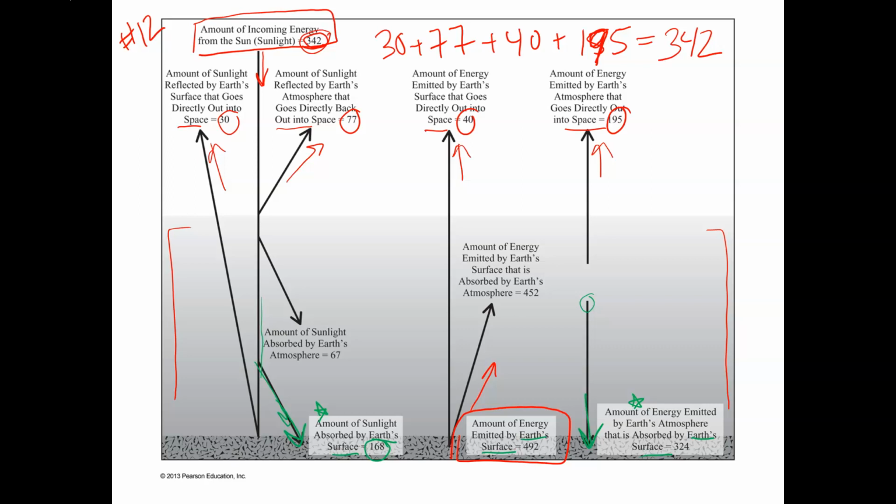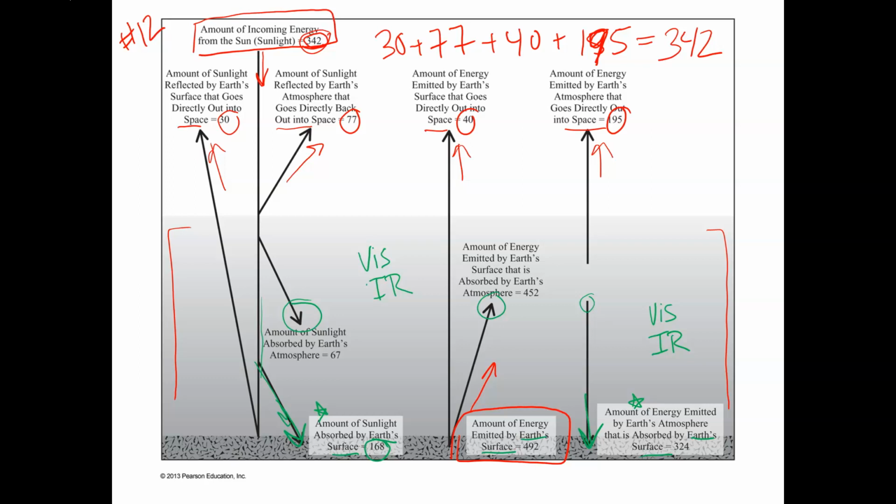Remember, we're mainly thinking about visible and infrared. We said ultraviolet wasn't really a big source of energy. Same thing for the atmosphere. Think about the atmosphere. Those are the arrows here. Things that are coming into the atmosphere. Again, visible and infrared. I'm not going to spend a lot of time on this one because we're going to fill out the next picture and then we'll get into the details of it.